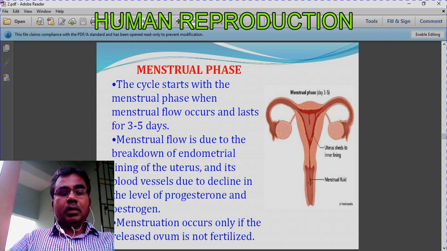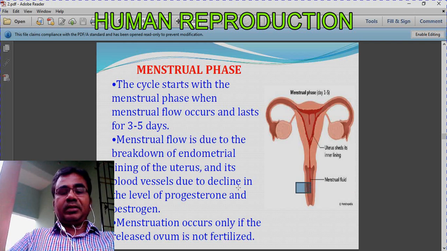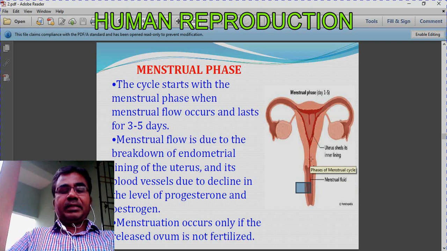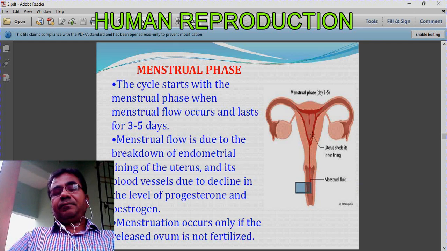During this phase there will be a decline in progesterone and estrogen; both will be low. Menstruation occurs only if the released ovum is not fertilized. If fertilization takes place, there will be no further menstruation.